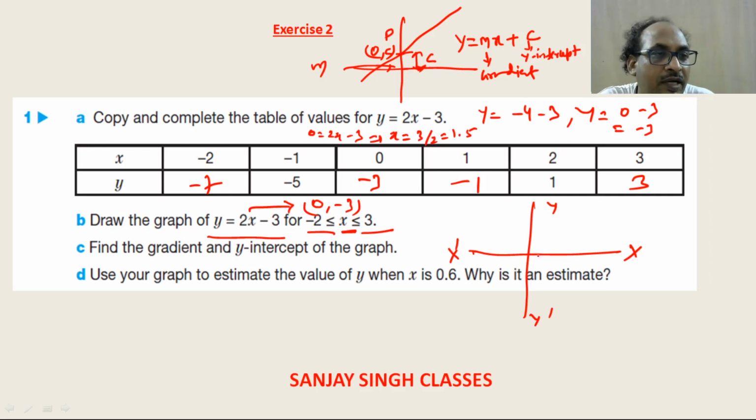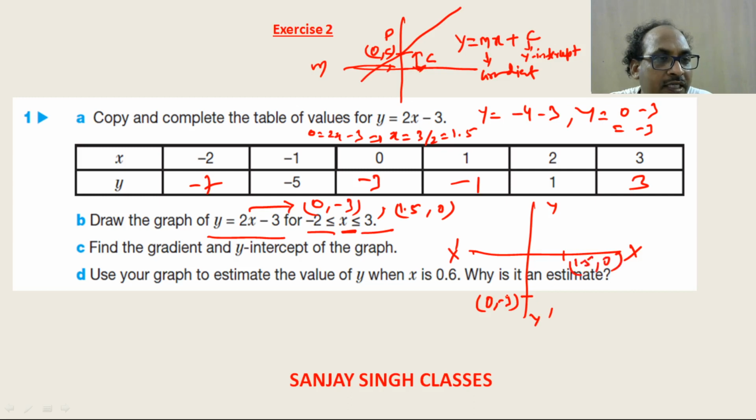So another point will be 1.5 and 0. Suppose we take 0 and minus 3 here, and another point 1.5 and 0.